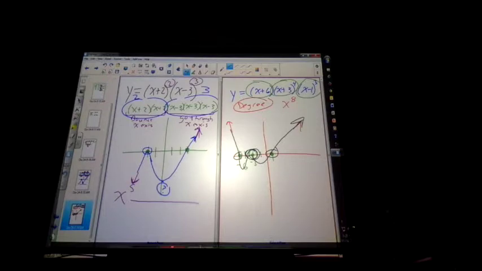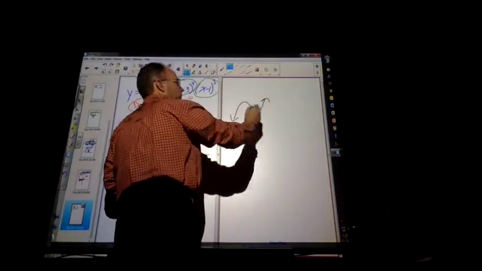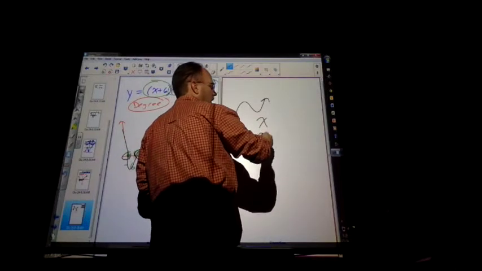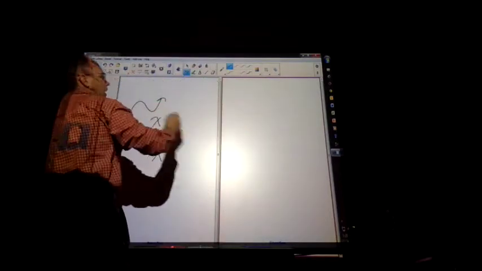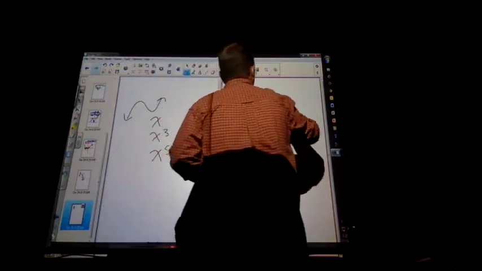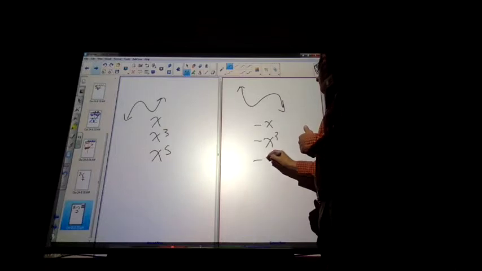If I raise it to an even exponent and the coefficient in front of it is negative, it's going to go to negative infinity. If it does this, that's going to be x to the third, x to the fifth. If it does this, that's going to be negative x to the third, negative x to the fifth.